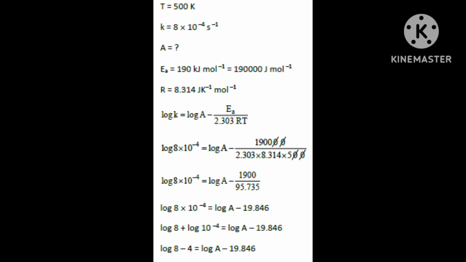So you require the total pressure Pt and the initial pressure. In the question both are given, the value at time 0 and at 100 seconds, so it is easy to calculate. How will you calculate?